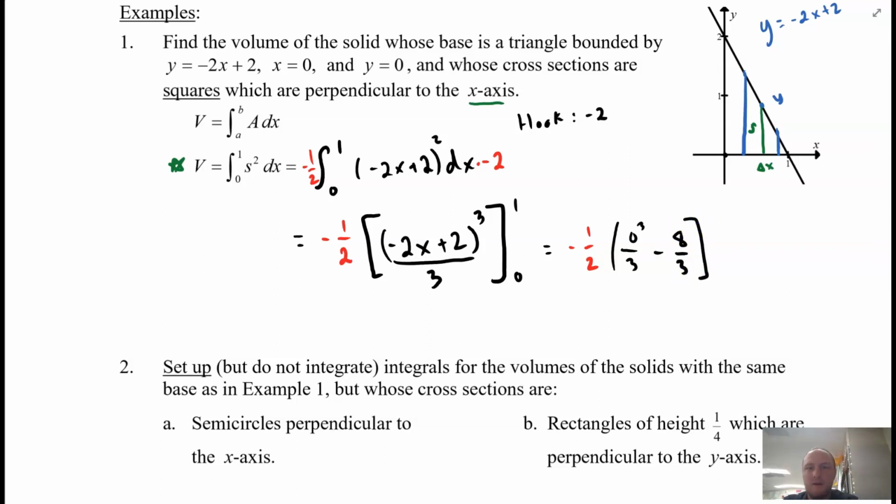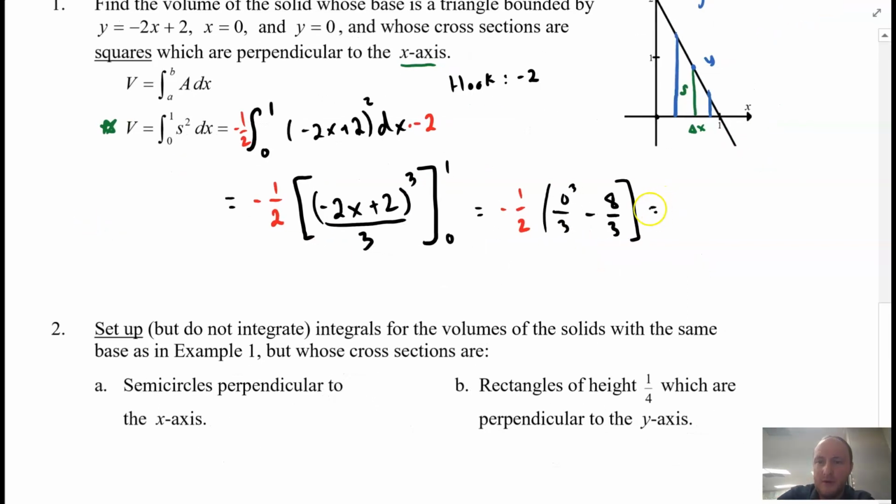Okay, and I'll go ahead and compute this. So negative 1/2 times negative 8/3. This would be a positive 8/3, or sorry, 8/6, which is 4/3.